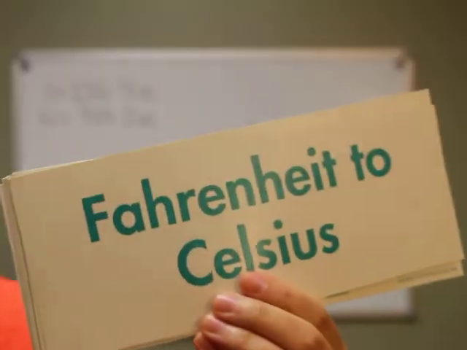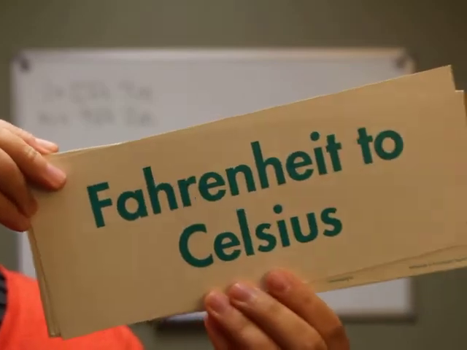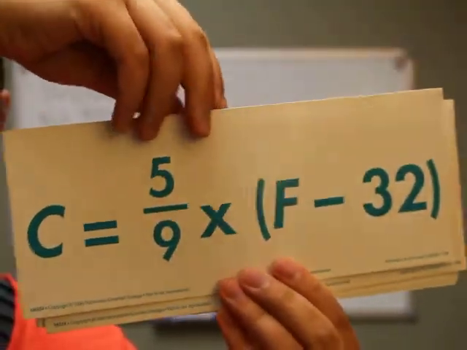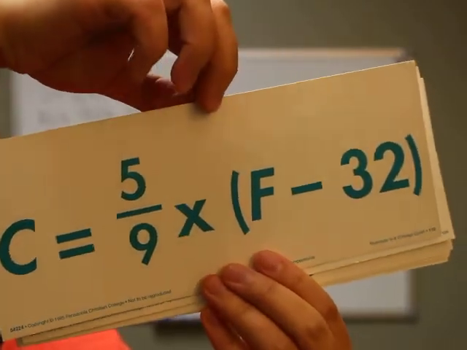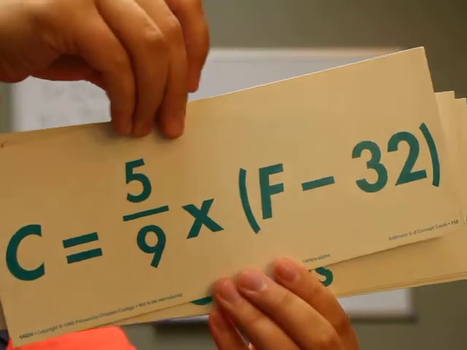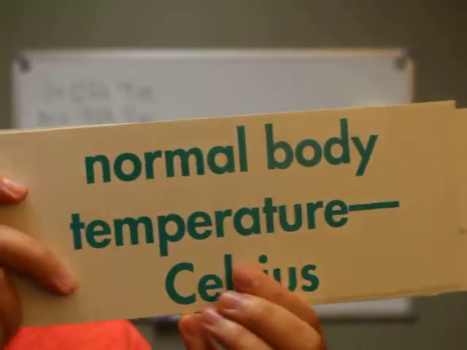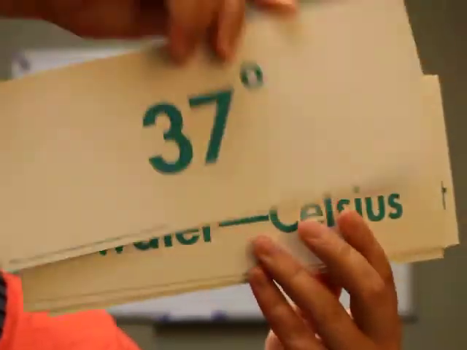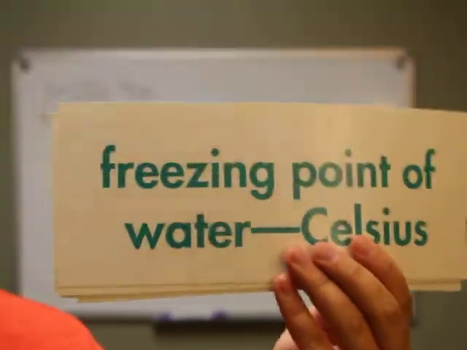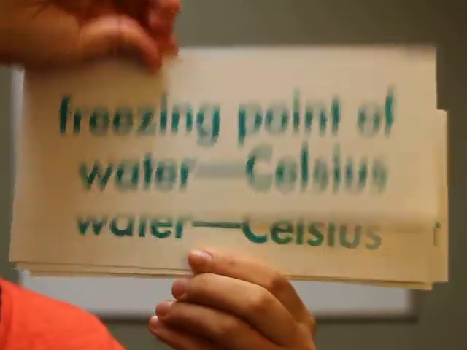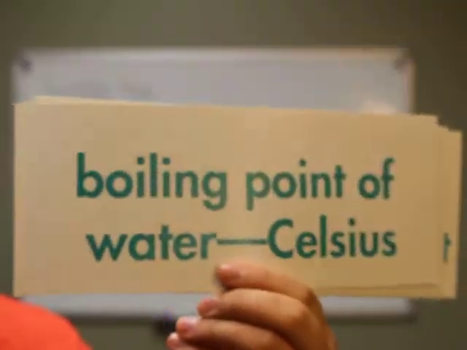32 degrees. What is the formula for converting from Fahrenheit to Celsius? C equals 5/9 times, in parentheses, F minus 32. What is the normal body temperature, Celsius? 37 degrees. What is the freezing point of water, Celsius? 0 degrees.